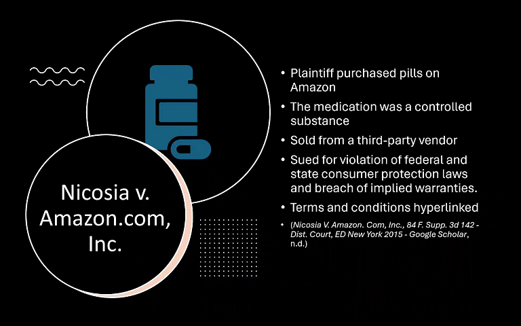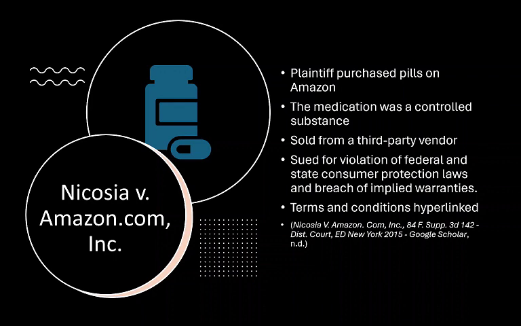Now we're going to get into Nicosia versus Amazon.com. The plaintiff in question purchased pills on Amazon, however did not know that the medication was a controlled substance sold from a third-party vendor. He sued for violation of federal laws and state consumer protection laws.